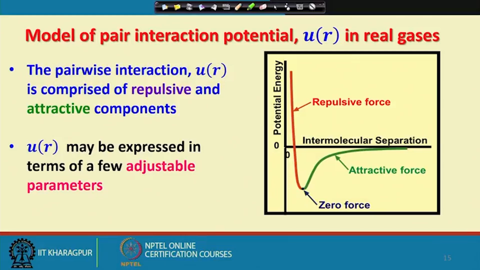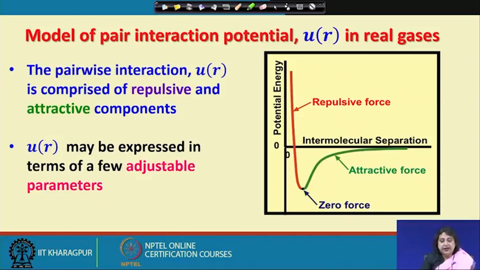When they are far apart from each other, you should have no interaction, and in between, because of the presence of induced dipole moment kind of interaction, there will be some attractive component. So, this is what we are looking for.